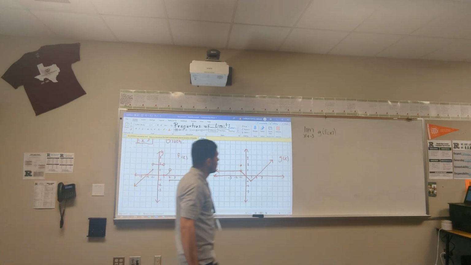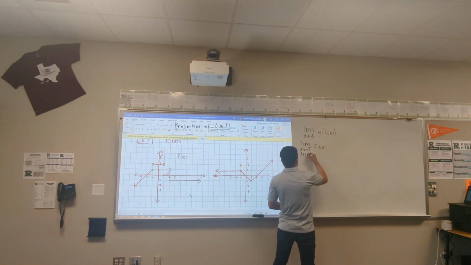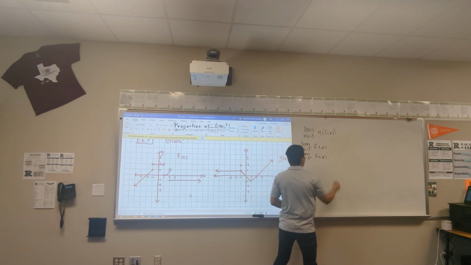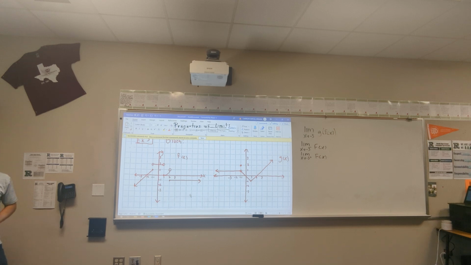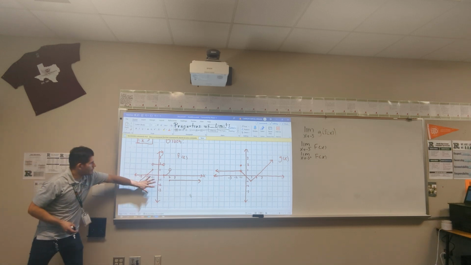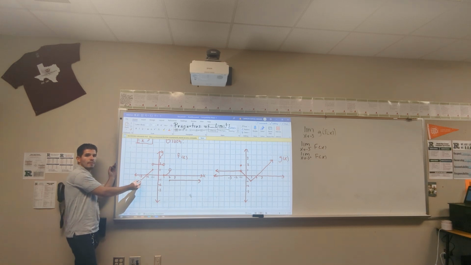Find the limit as x approaches -3 from the left for f of x, and the limit as x approaches -3 from the right for f of x, which you were given graphical representations of this time. So here is f. Here is -3. Is there a limit? Yes, which is -1.